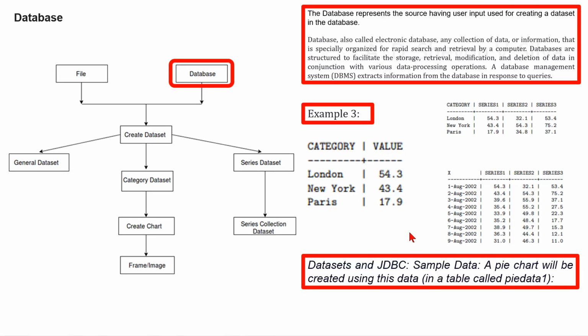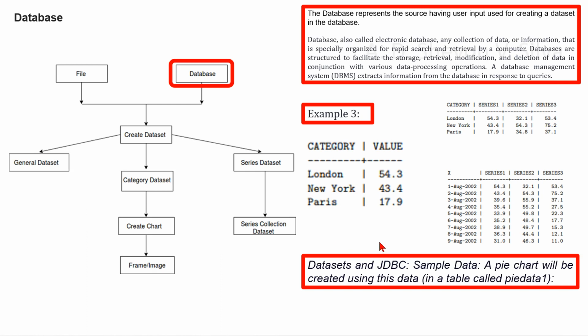Now we are considering sample data in datasets and JDBC. Here a pie chart will be created using this data, for example in a table called piedata1.